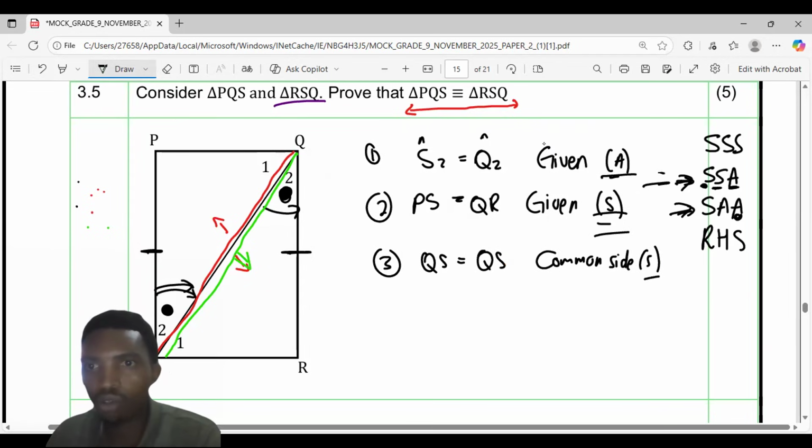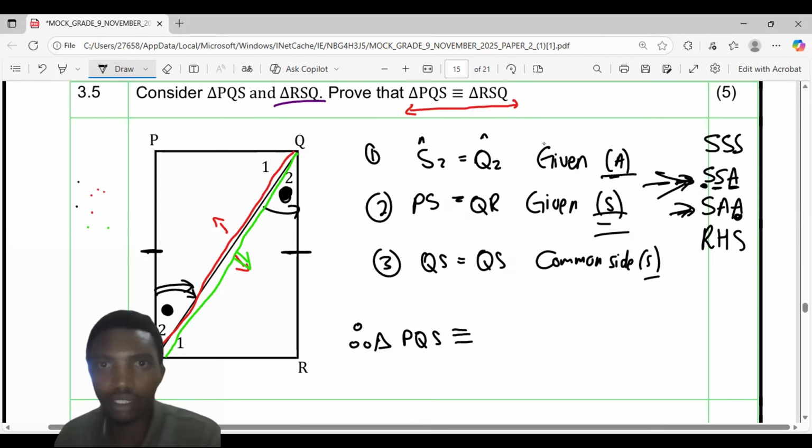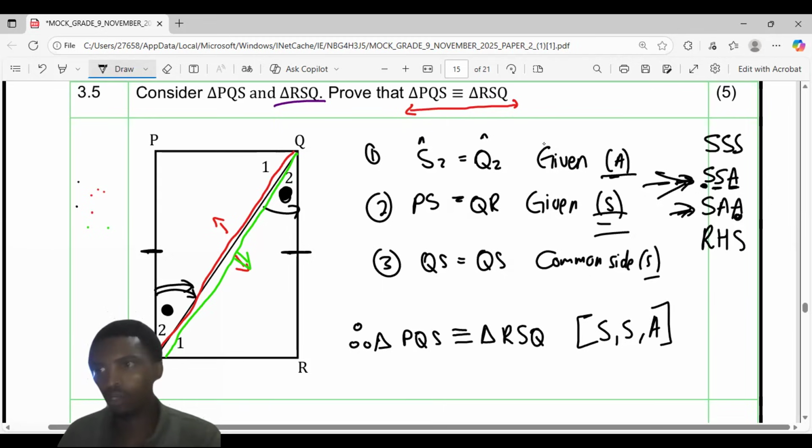Then we can say, therefore, triangle PQS is congruent to triangle RSQ. And our reasoning is that we have, in this case, side, angle, side. That's how we got to it.